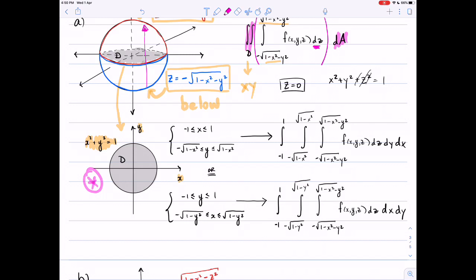So that region D can be set up in 2 ways. This is what we would have called a type 1 way of setting it up, and this is what we would have called type 2. In type 1, we're looking for a constant inequality on x. X goes from minus 1 to 1.